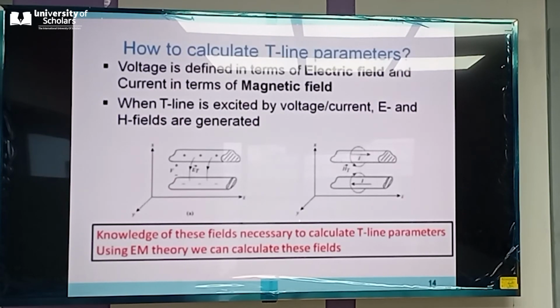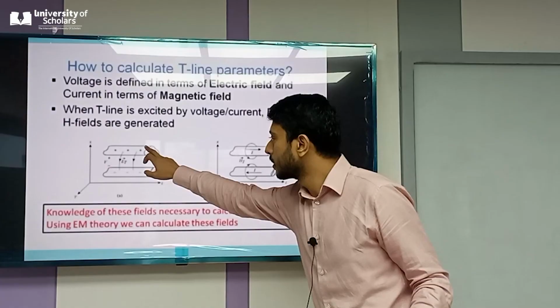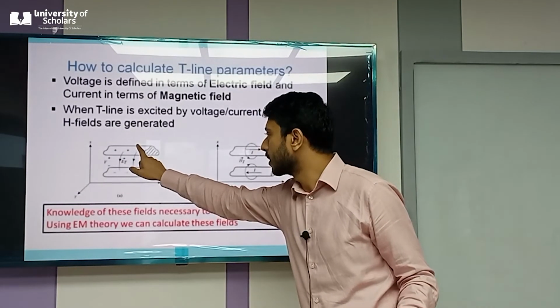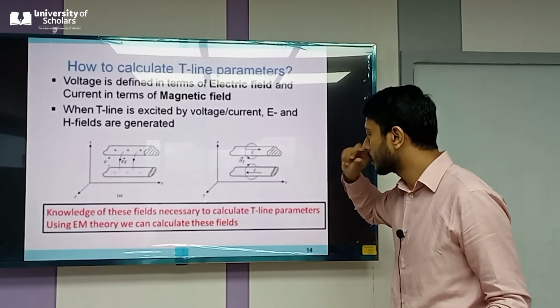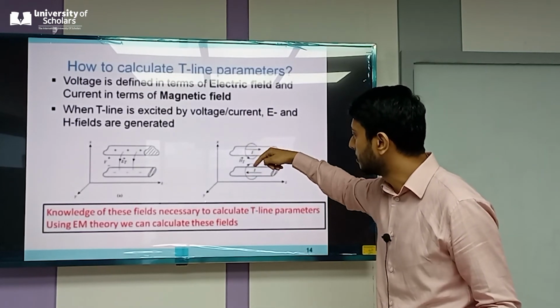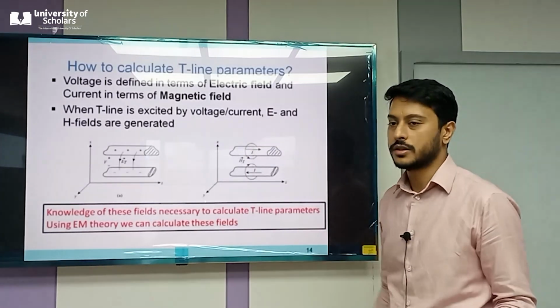So these voltages and currents are more accurately defined in terms of electric fields and magnetic fields. So voltage is defined in terms of electric field and current is defined in terms of magnetic field. And when we excite a transmission line by a voltage and current, we say that electric and magnetic fields are generated. So this is the electric field where the voltage lies, and when you pass a current through a conductor, magnetic rings of fields are generated.